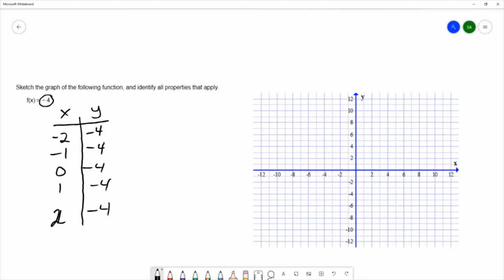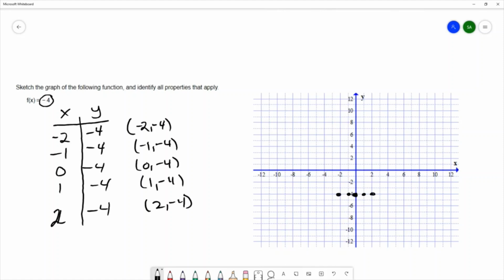So my ordered pairs would be negative 2, negative 4, negative 1, negative 4, 0, negative 4, 1, negative 4, and 2, negative 4. The y is constant no matter what the x is. So these are the ordered pairs that I would get.